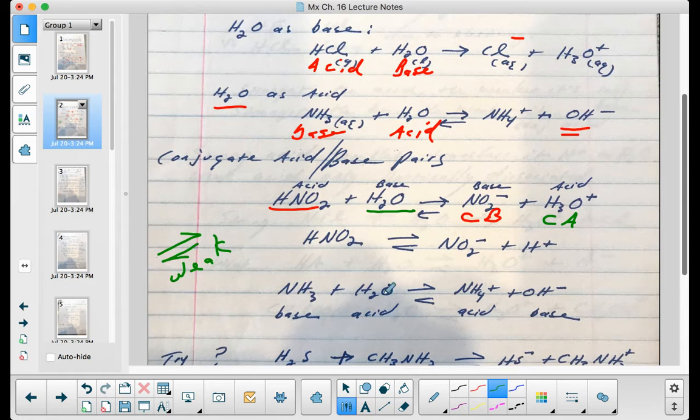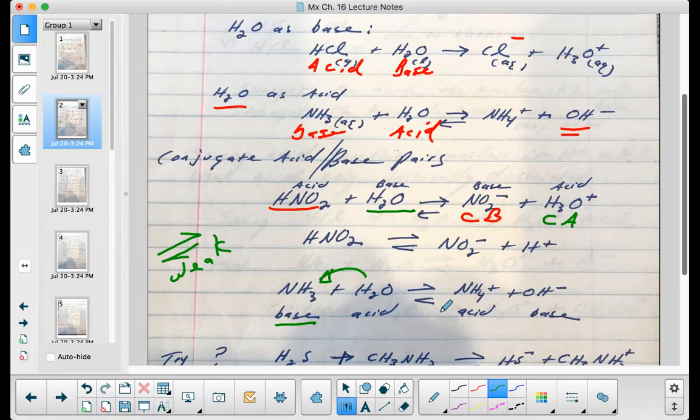Okay, so then here's another example where we have conjugate acid-base pairs. Here's ammonia, that's my base. Why am I calling this water an acid? Because it gives up one of its hydrogens to the NH3 to form the NH4 positive ion, leaving behind the OH.